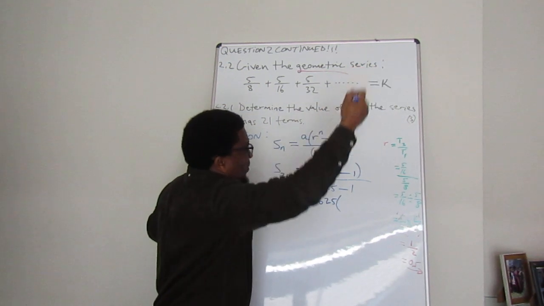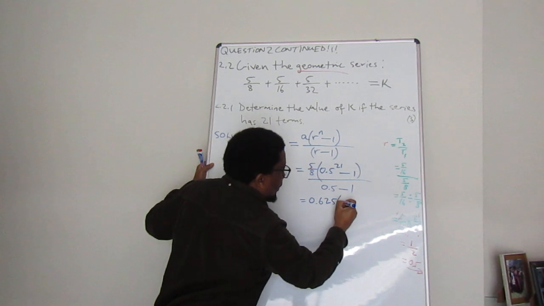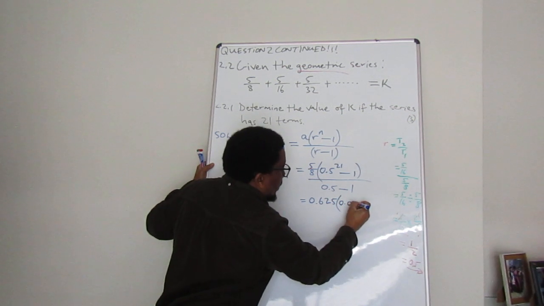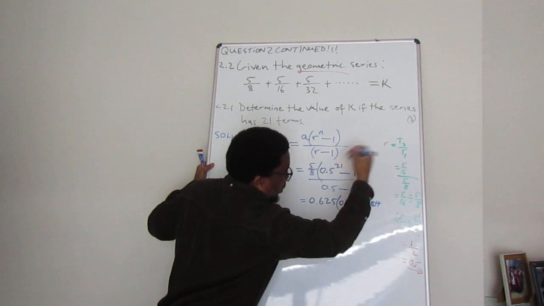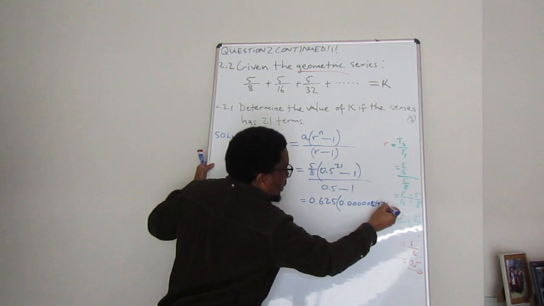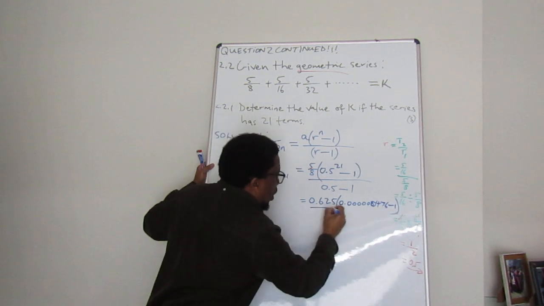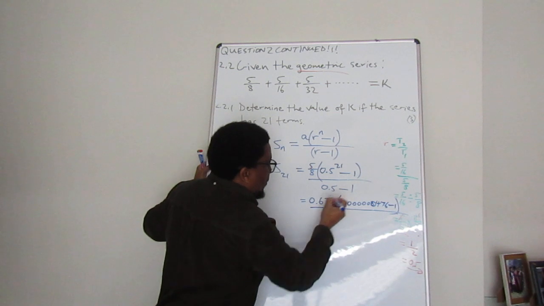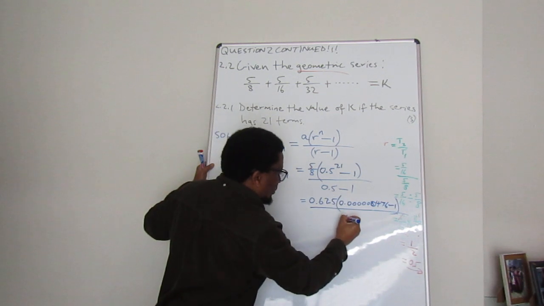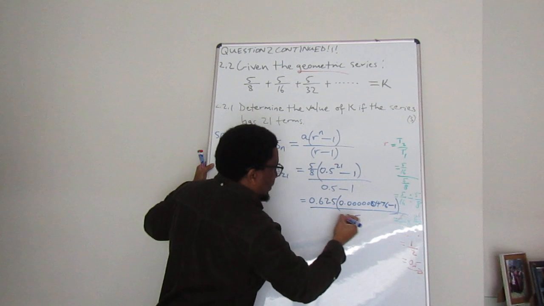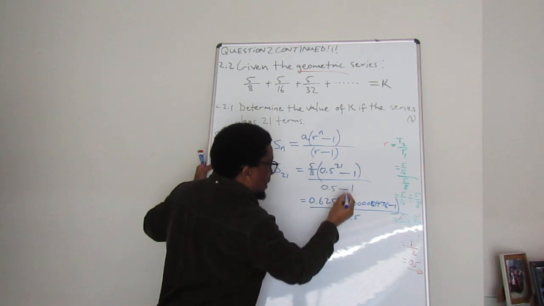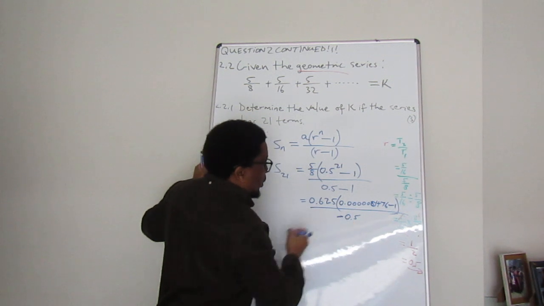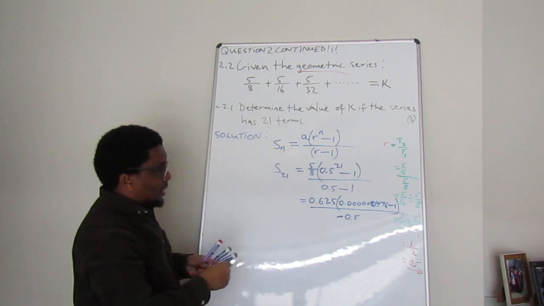It gives you such a very small number eventually, minus 1, all over 0.5 minus 1. But 0.5 is small, 1 is bigger, so this is minus 0.5.